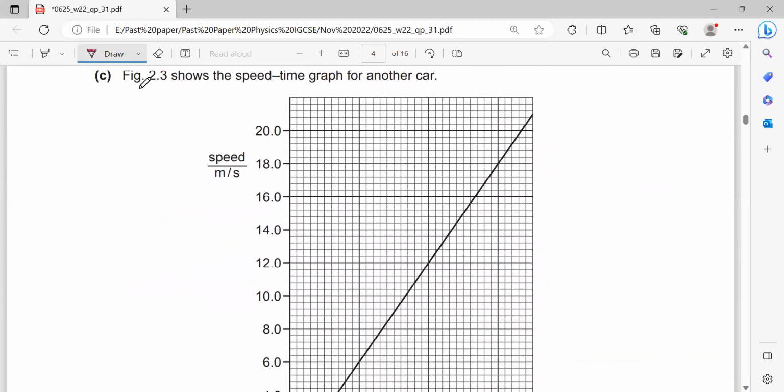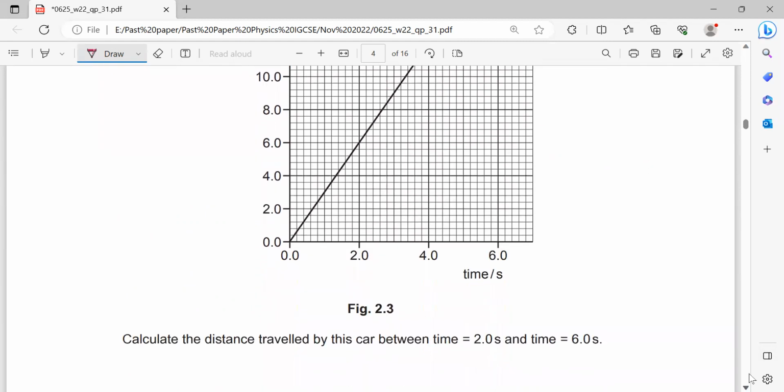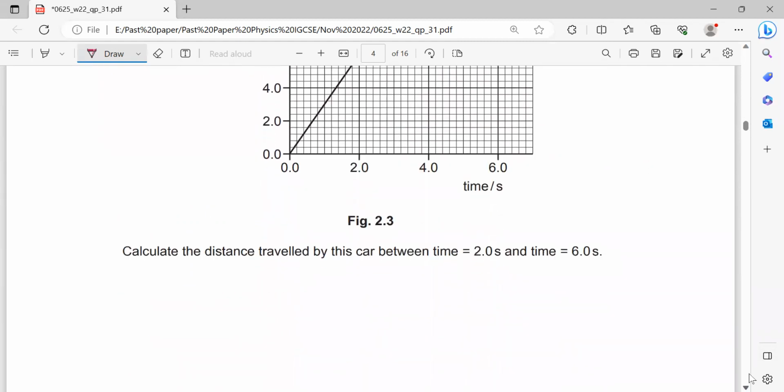Figure 2.3 shows the speed-time graph for another car. Now calculate the distance traveled by this car between time 2 seconds and time 6 seconds.